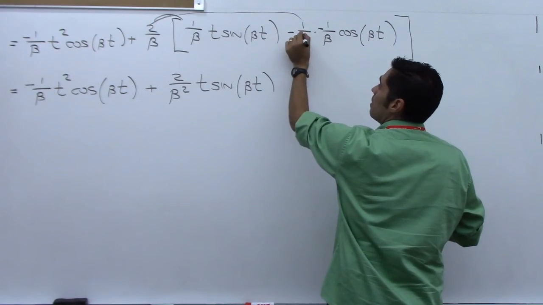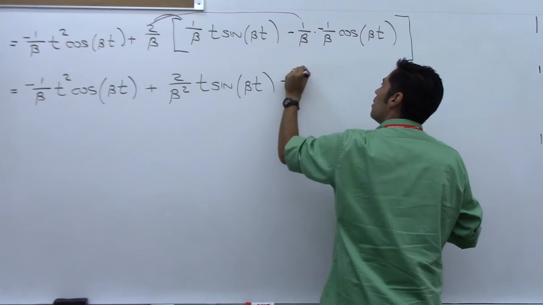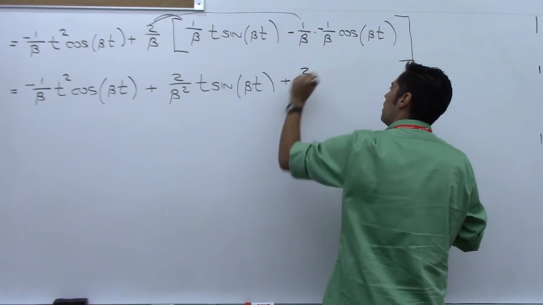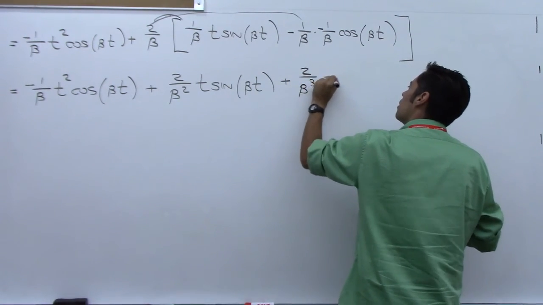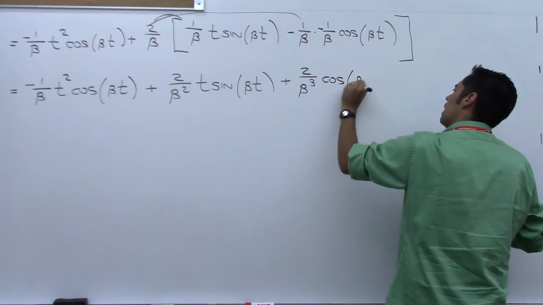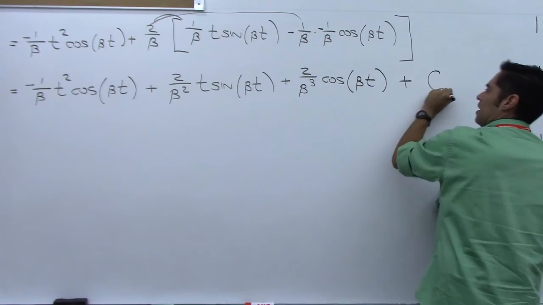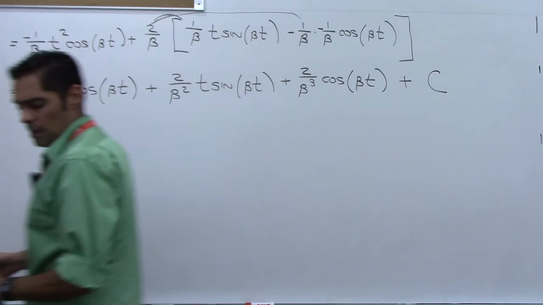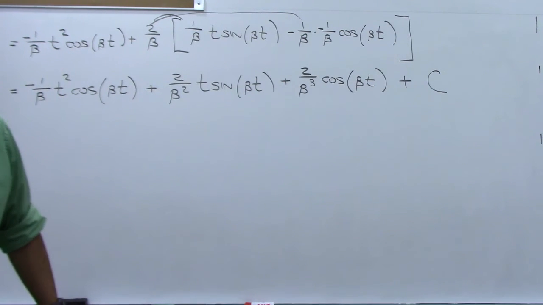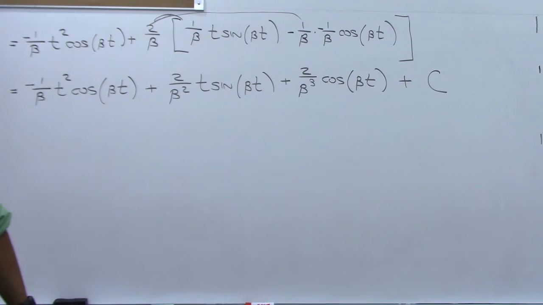Negative negative is positive, so plus 2 over beta cubed cosine beta t plus c. That's it. That's number 8.